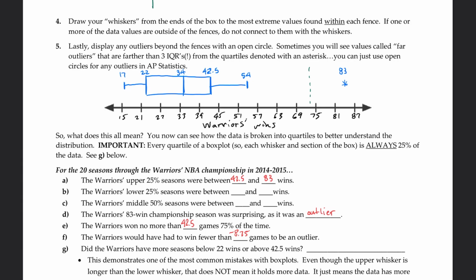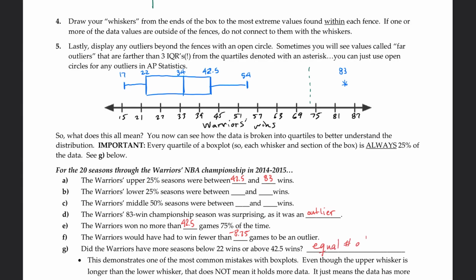Looking on to G, did the Warriors have more seasons below 22 wins or above 42.5 wins? Think about that. Look at the graph. What would it be? It's a trick question.